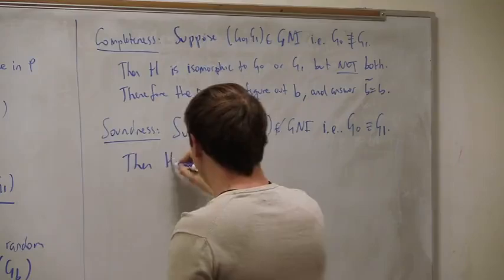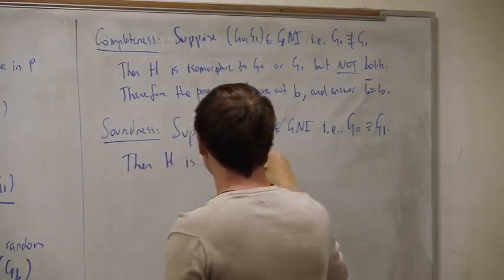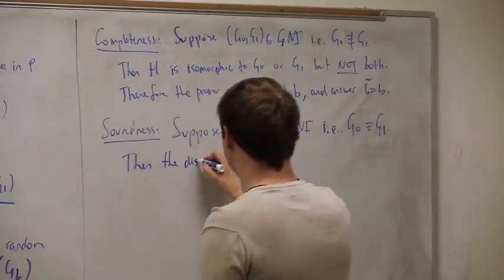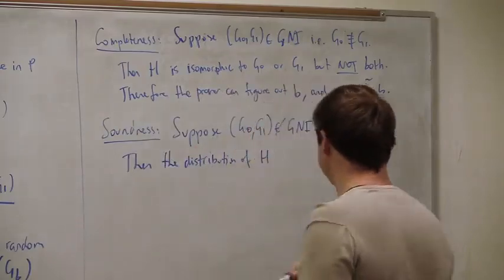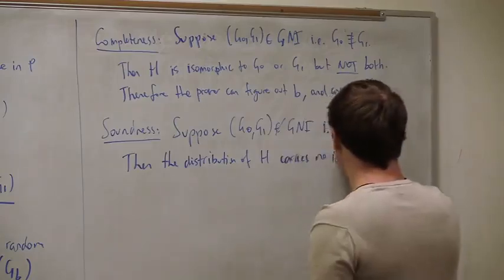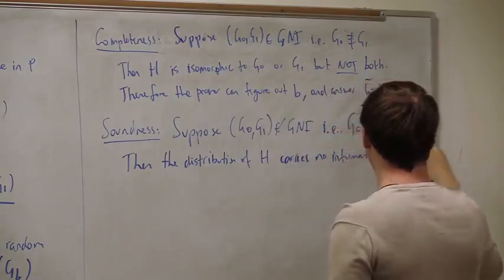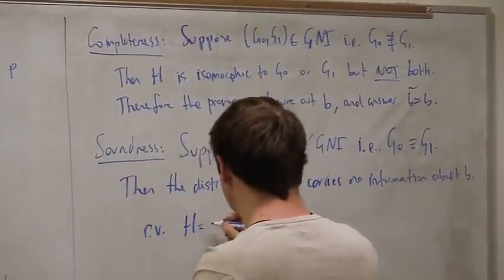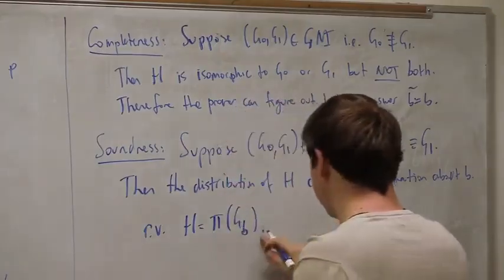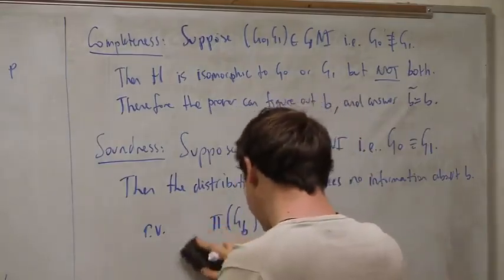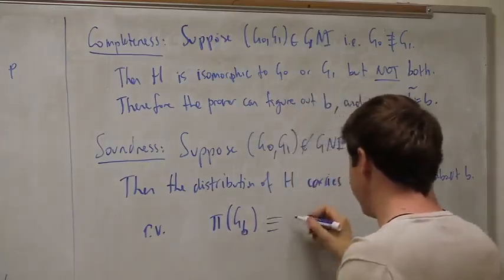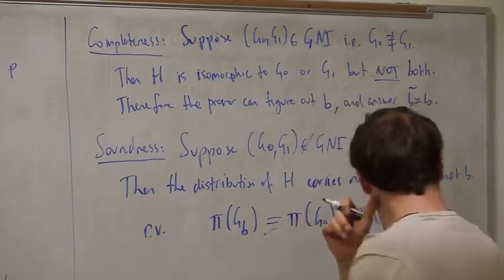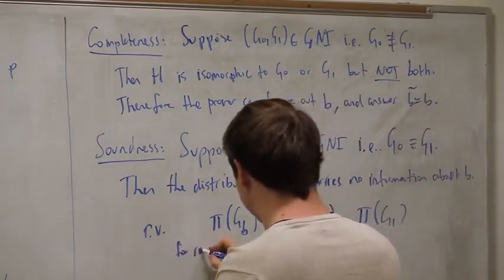In this case, the distribution of H carries no information about B. Another way to view it is that the random variable pi of GB is the same as the random variable pi of G0, which is the same as the random variable pi of G1, for random pi.